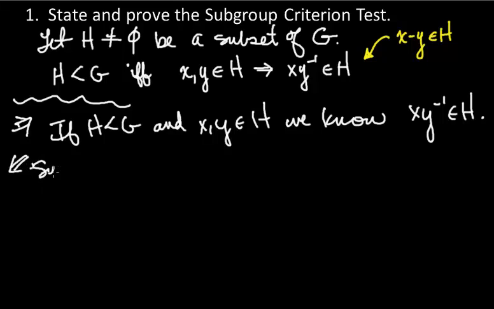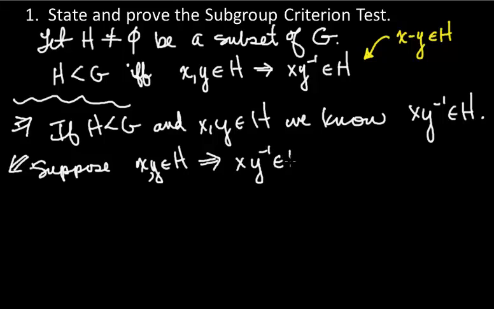So suppose X, Y, X comma Y in H always implies that X times the inverse of Y is in H. We want to prove that H is a subgroup.